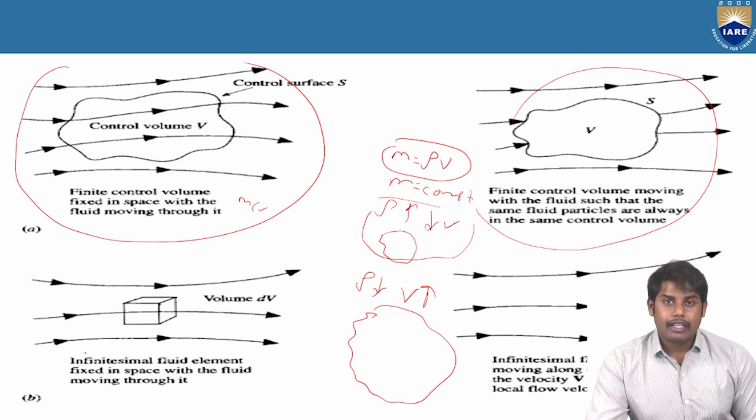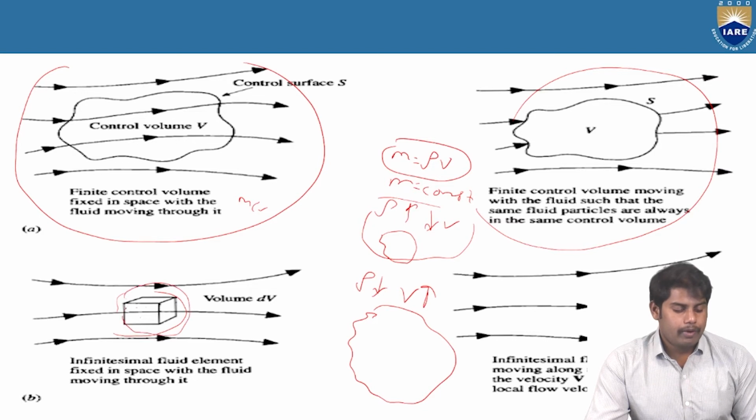Now the other approach is the fluid element approach. In this approach we are deriving the governing equations in differential form. Here the molecules are fixed; we will be taking the Avogadro number, so there will be that many molecules.